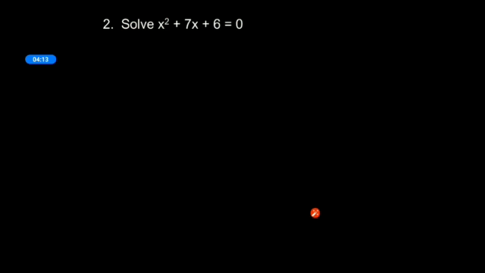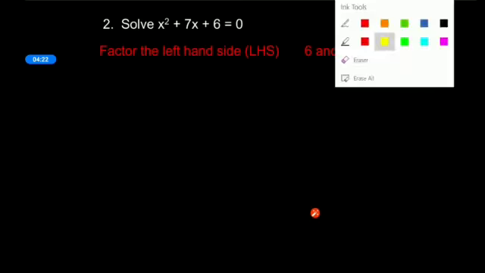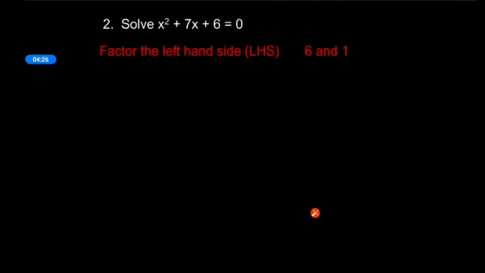Now let's look at the second one. The second one is not like the first one. This one is exactly like the normal quadratic equation that you always see. Now look at this: x squared plus 7x plus 6.